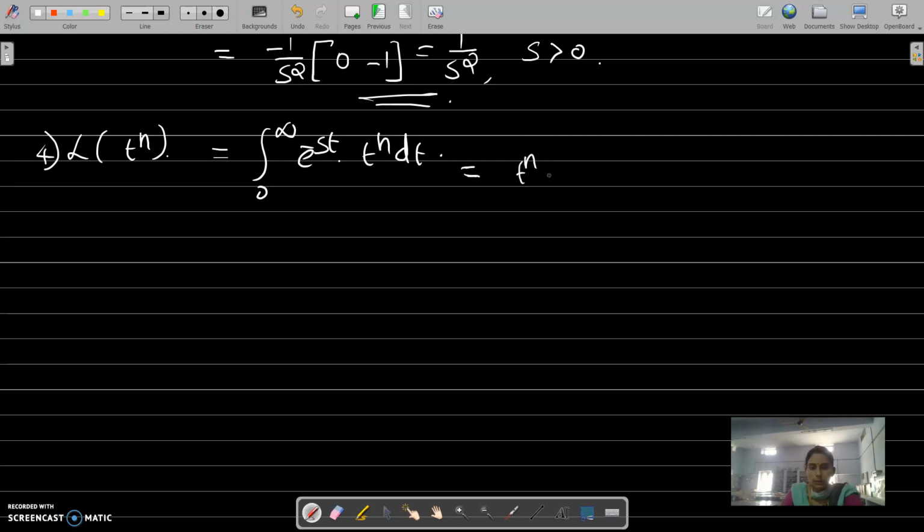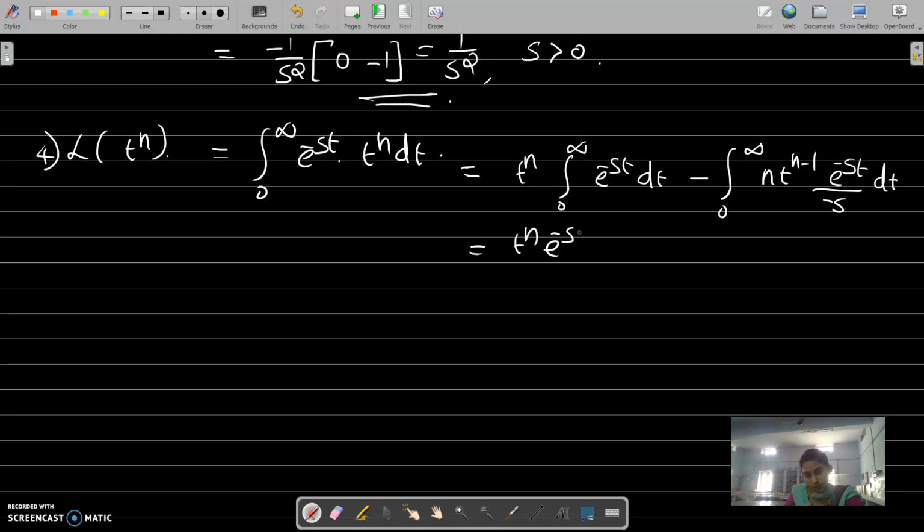Taking t raised to n as the first function, into the integral of e raised to minus st dt, minus integral from 0 to infinity n t raised to n minus 1 into the integral of e raised to minus st by minus s into dt. So this is t raised to n into e raised to minus st by minus s from 0 to infinity.